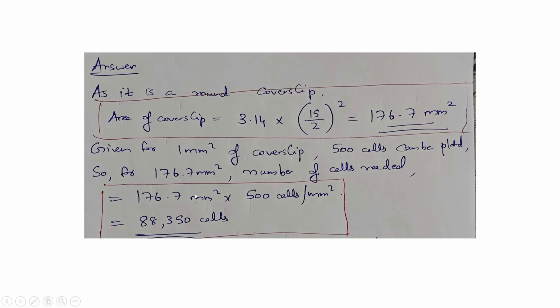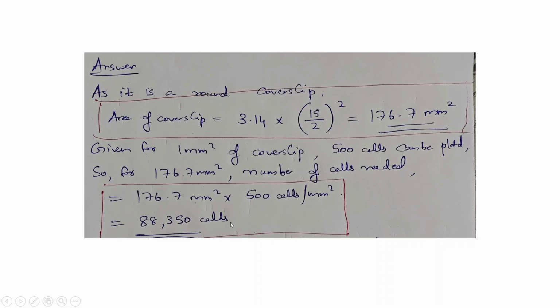If you are talking about the overall number of cells that will be present within that particular cover slip, it turns out to be 176.7 millimeter square into 500 cells per millimeter square. So the total cells that would be present within that cover slip at the final spotting will be 88,350 cells.